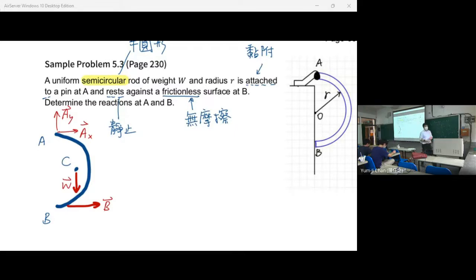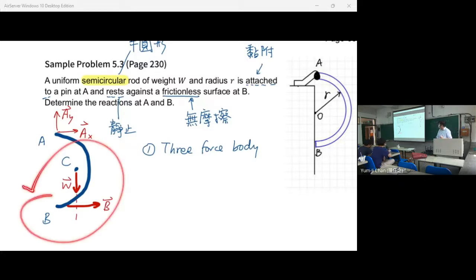So we know all lines of action would cross at one point. It means the lines of action between B and C meet here, so the line of action of the resultant at point A would also go through this point.